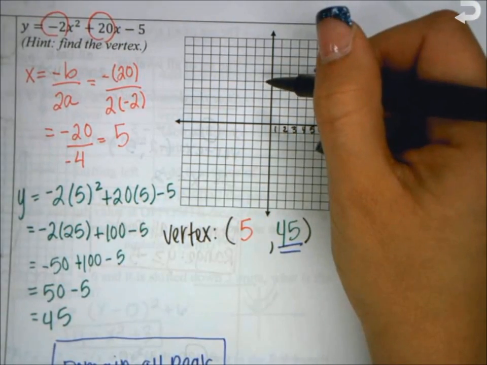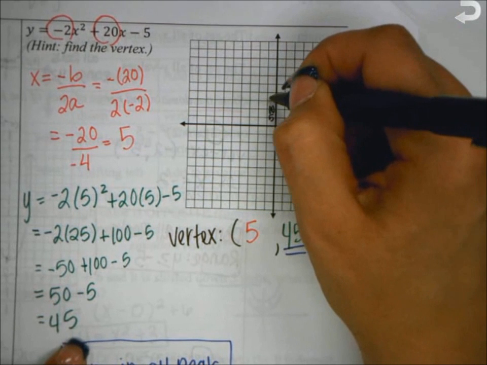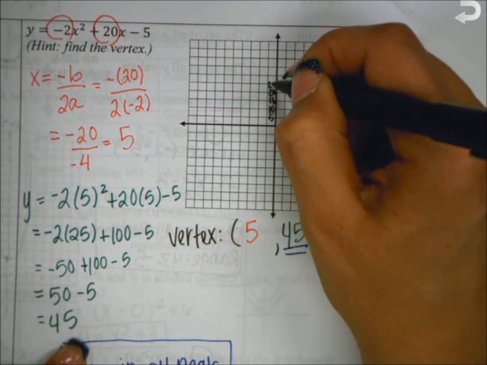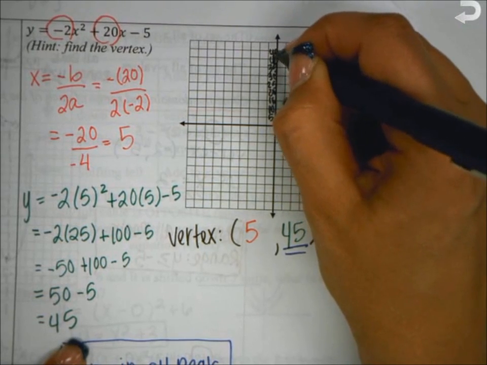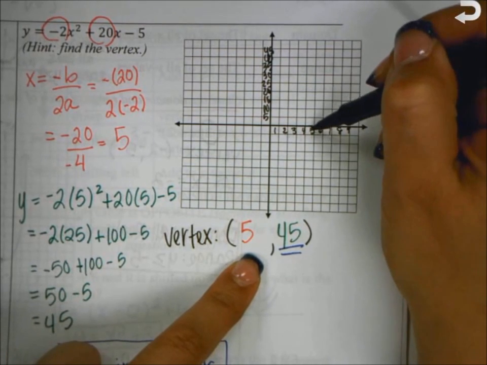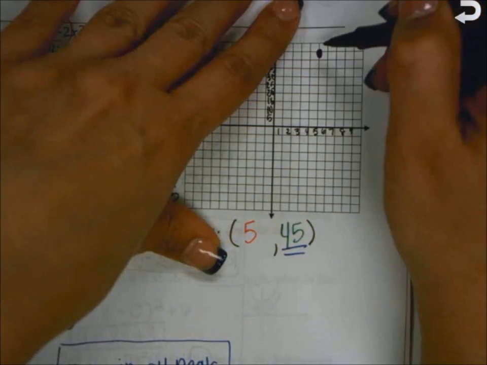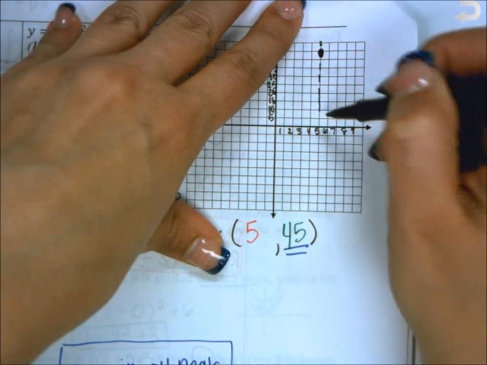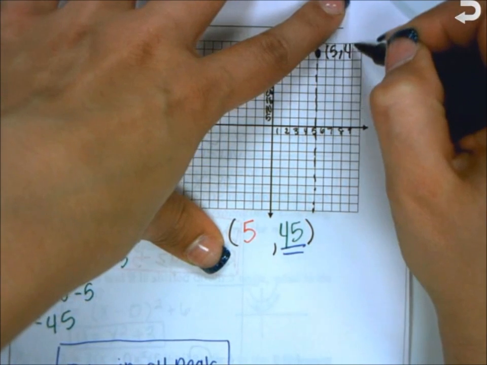Okay, so my vertex is at 5, 45. So it's right here. Here's my line of symmetry at x equals 5. And I am going downwards, and I'm a skinny parabola, so a skinny parabola going down.